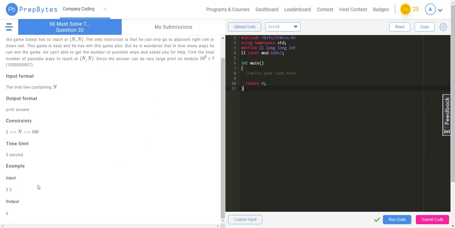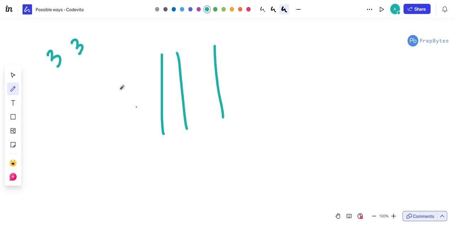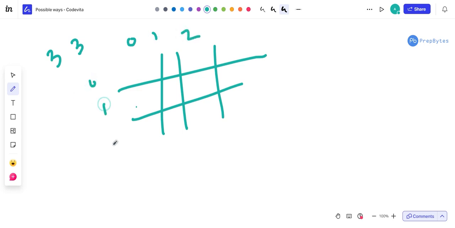So let's try to visualize. The input contains only one line, n, and the output is the answer. If you have 3 and 3, a matrix of 3 by 3, let me draw a 3 by 3 matrix. You have 0, 1 and 2, and 0, 1 and 2. Let's assume this is the very first cell, 0, 0.